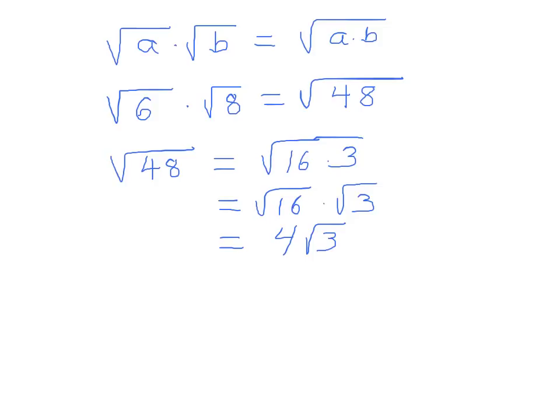Another rule of radicals is very similar. The square root of a divided by the square root of b is equal to one big square root of the fraction a over b. Okay, well that allows you to do things like, I'll give you an example.